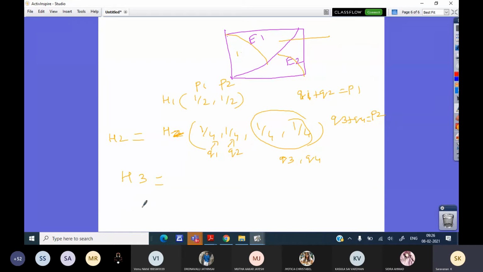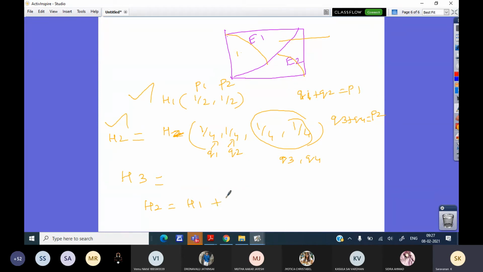For verifying the rule of additivity, again I can write H2 is equal to, H1 is not changing, H2 with this sub-event probability, because I am dividing both the events into two sub-events. With these two sub-event probabilities I am writing. There is no main event associated. So I can compute H2, right? This is possible.